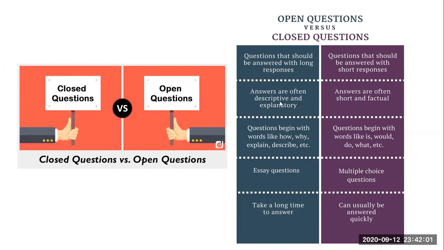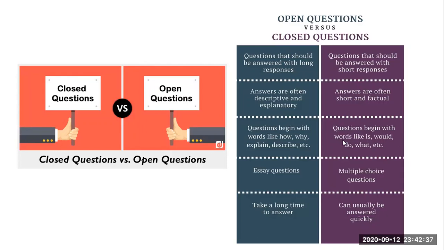So people write and explain something, but on closed questions, answers are often short and factual. Factual means that you can prove them. They exist. Like the example I told you about last time, what are the colors of the Ecuadorian flag? That's a fact. So you don't give much explanation. You don't say much. You say, okay, these are the colors, that's it. It's a question that starts with a W question, like what? But the answer is short and factual.